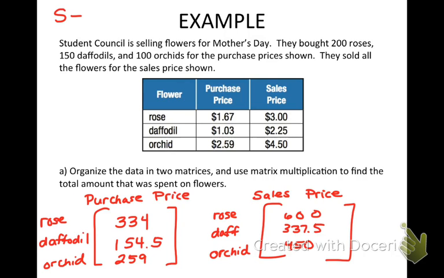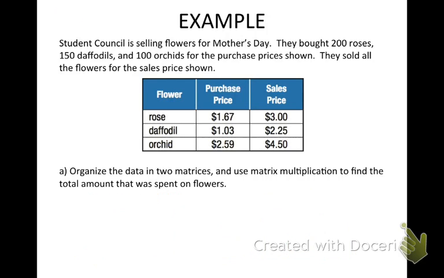Let me bring it back. 600 minus 334 is 266. 337.50 minus 154.50. It's 183. 450 minus 259. It's 191. All right, so now I got it. So the difference would be 266, 183, 191.